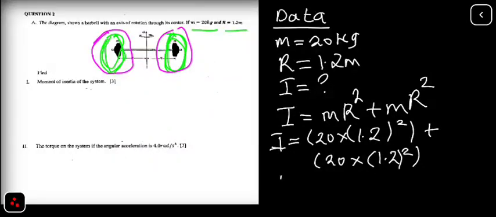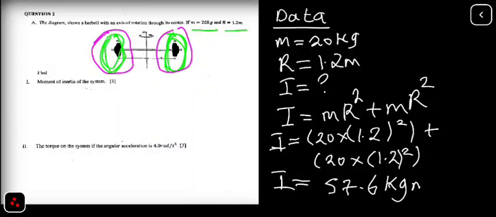After that you just punch these values on your calculator and you're going to find 57.6 kg meter squared. Since our radius is squared, we have meter squared. For the SI unit, you combine the SI unit of mass and the SI unit of radius. So that is our answer.